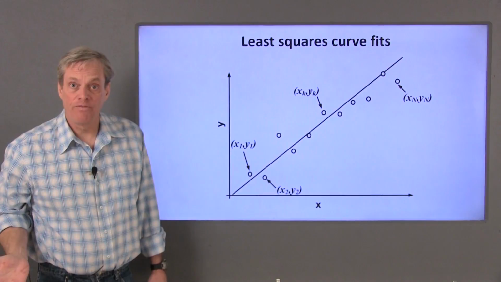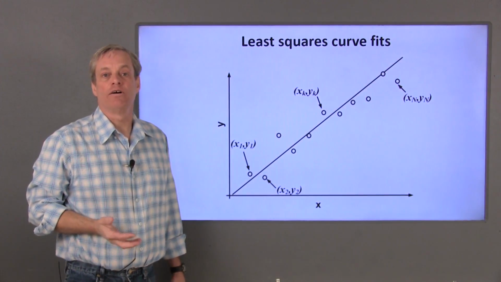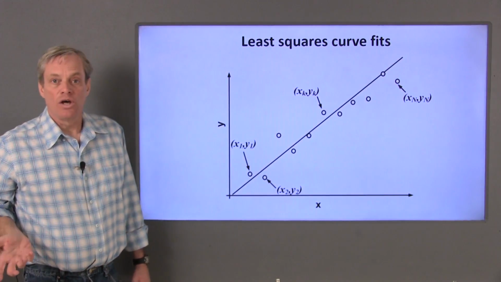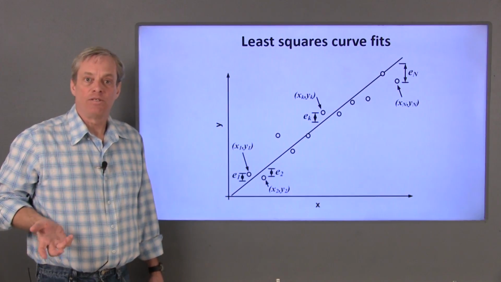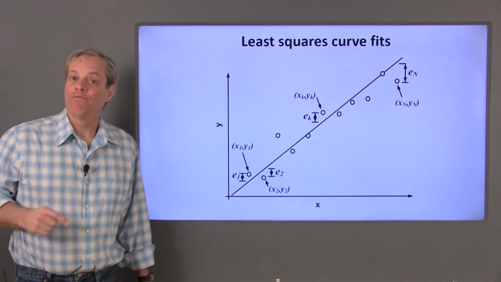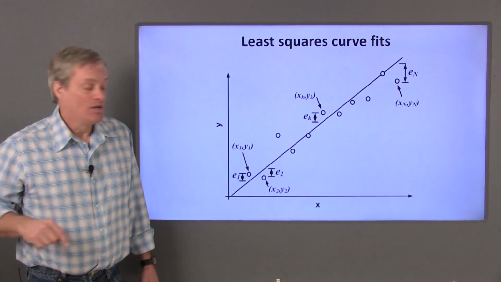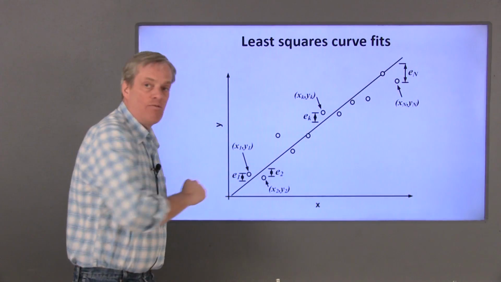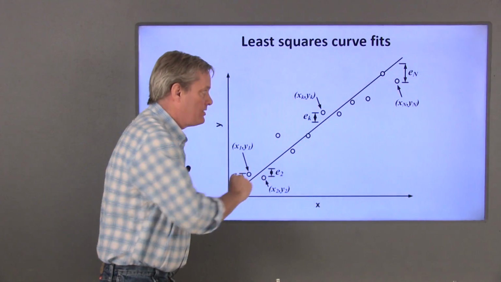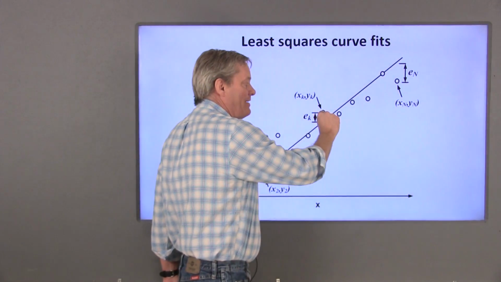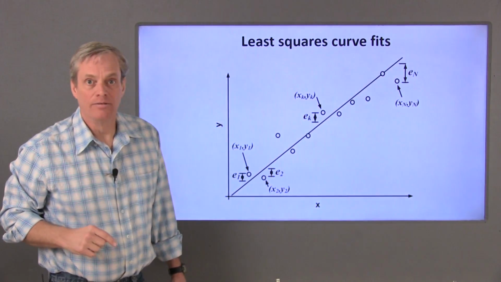In least squares curve fitting, our error will be the square of that distance. So we'll define the vertical distance between the line and the data point at that value of x as the error in the estimate at that value of x. So the error at x1 is e1, the error at x2 is e2, and the error at the kth data point is e sub k.